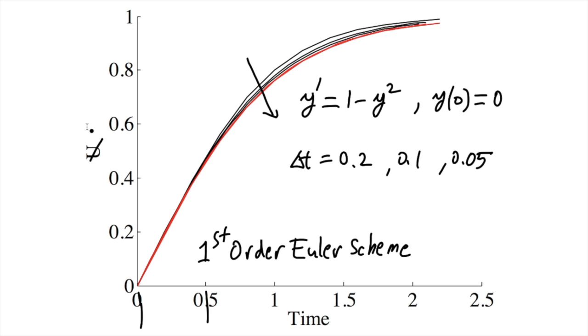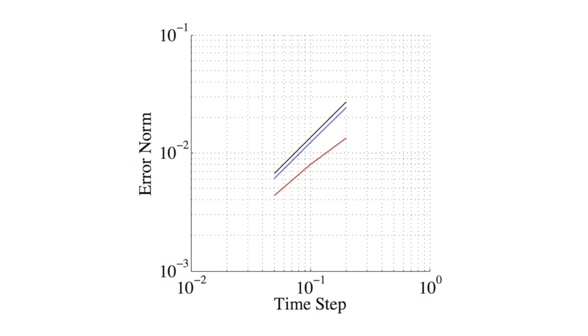I should say that we've been calling this y, and the plot somehow we decided to call it u, but you can fix that difference. Now we want to quantify this error.